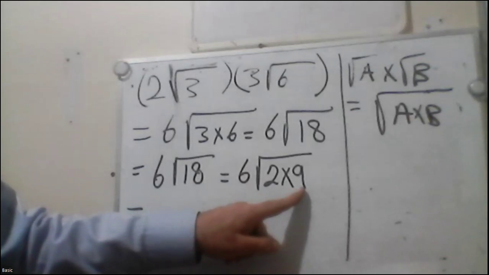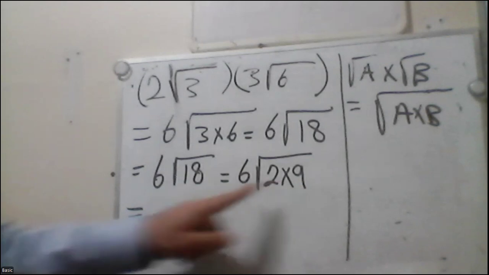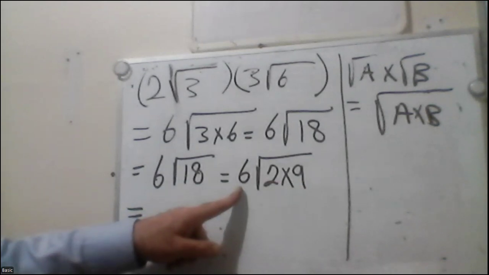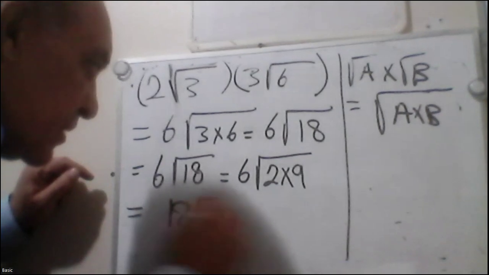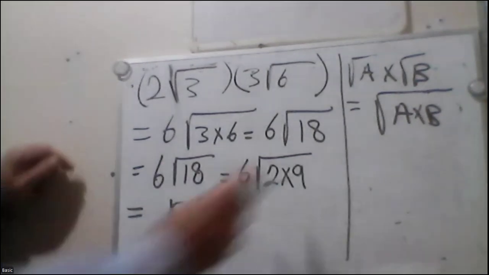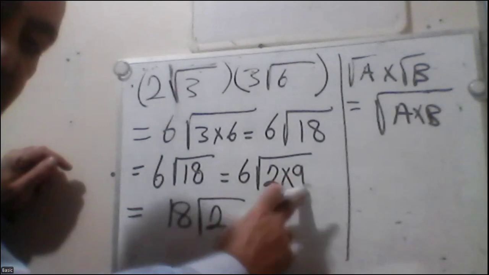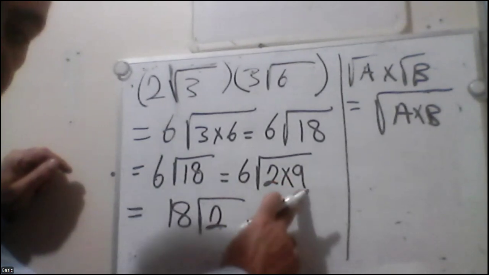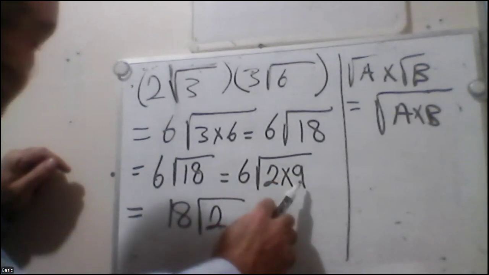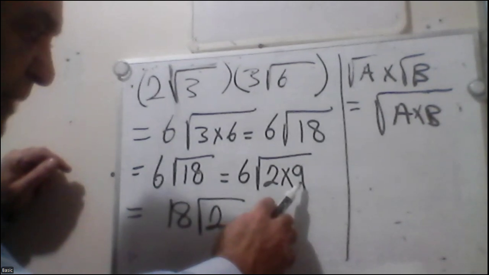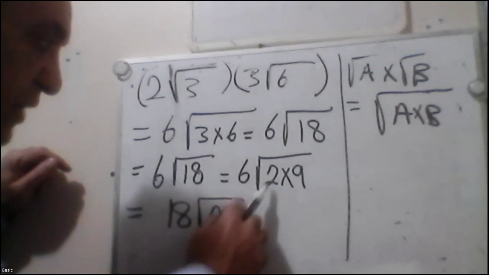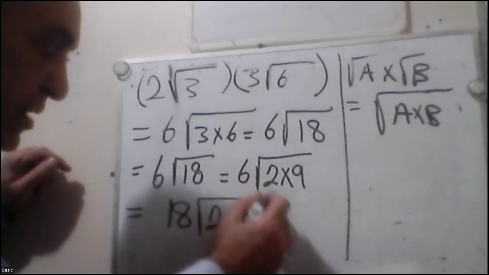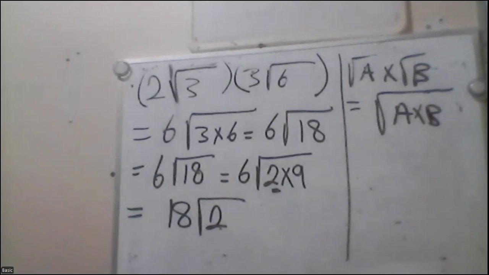The root of 9 is 3. 3 multiplied by 6 will be 18. So it will equal 18 root of 2. And what will still remain here? The 2 will be under the root.